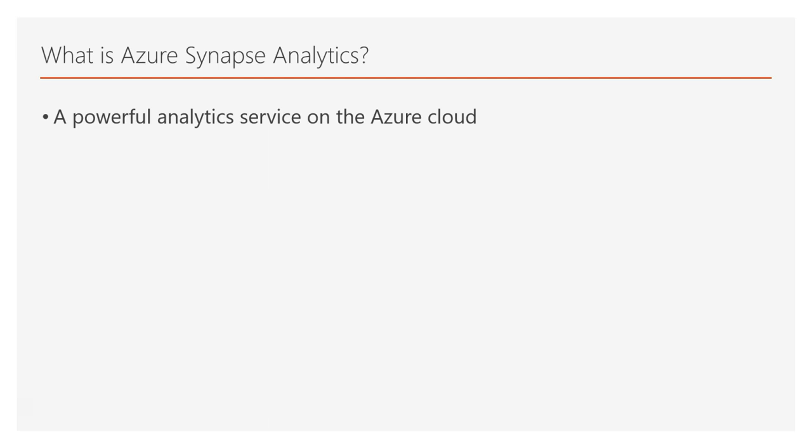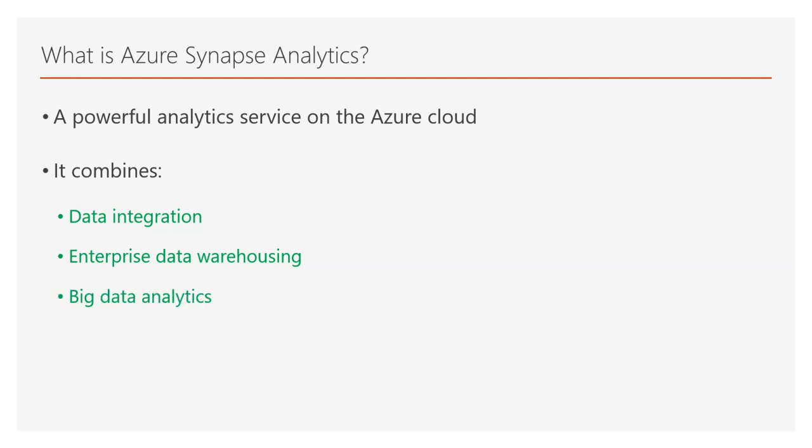In order to provide its service, Azure Synapse Analytics combines data integration, enterprise data warehousing, as well as big data analytics. So the analytics offering of the Azure Synapse Analytics platform on the Azure cloud is a combination of these three areas. In addition to that, Azure Synapse Analytics provides database templates.